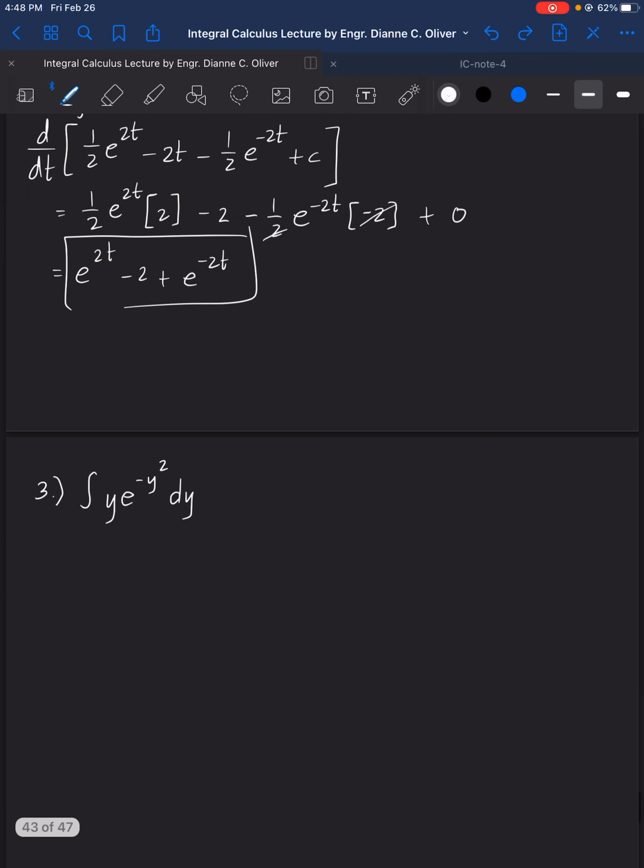Let's proceed with number 3. The integral of y e raised to negative y squared dy. Again, let's try to use the pattern.